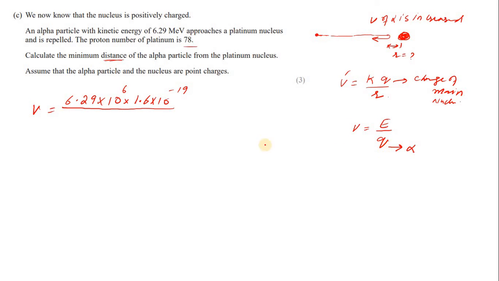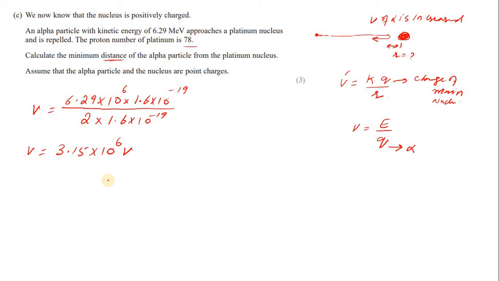This Q is alpha. So the charge on alpha is plus 2, equal to 2 electrons. So twice 1.6 times 10 to the power minus 19. If you solve this, or you can just cancel 1.6 and simplify, the voltage would be equal to 3.15 times 10 to the power 6 volt.